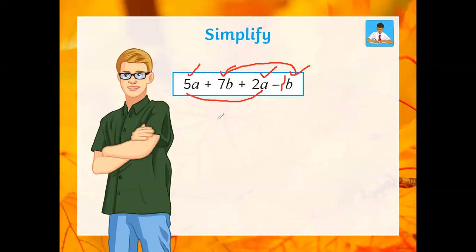Thank you, Fatin. 5a plus 2a, you should have got 7a. 7b minus 1b, it's still plus 6b. Where did the y come in from, Natasha? It's okay. So where's the y? 6y coming in from? All right. So far, so good. Let's move on.